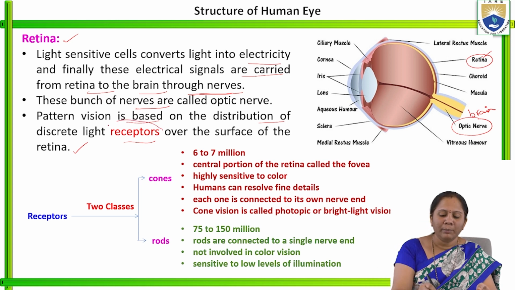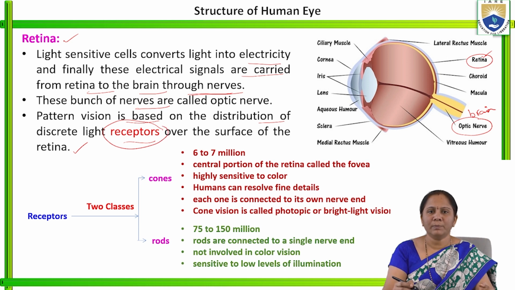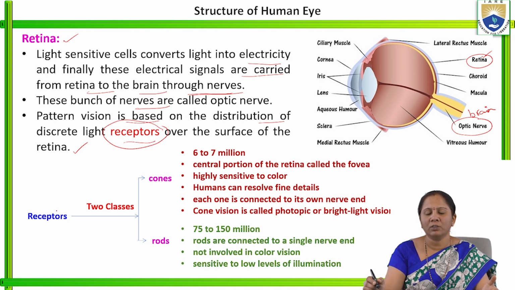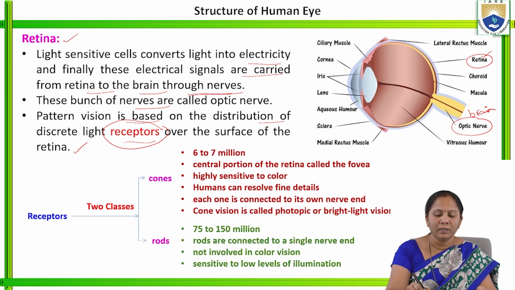Now, coming to receptors, we need to discuss them in detail. Receptors means all the nerves present on the retina, which receive the light coming to the retina and then send it to the optic nerve, then to the brain.